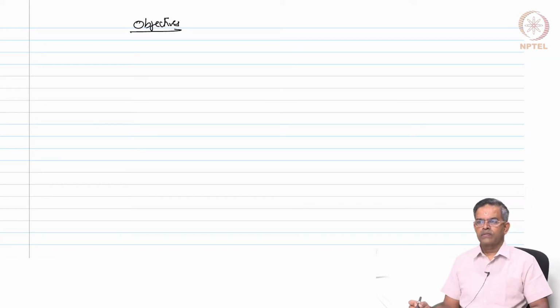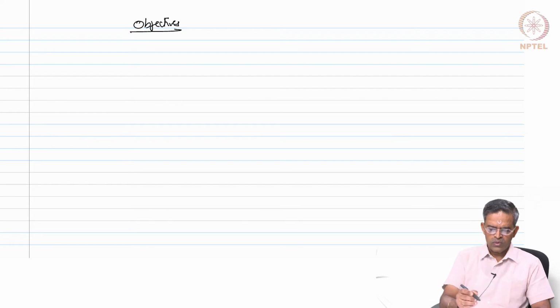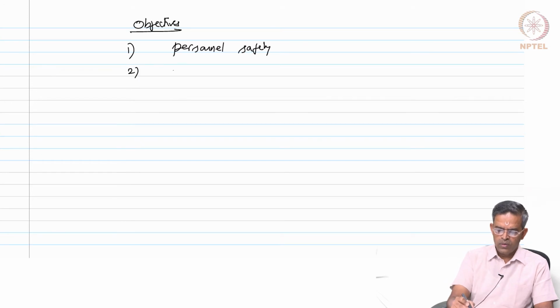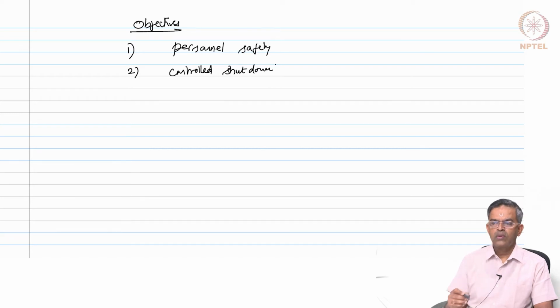What are the objectives? The primary objectives of providing blast resistant design for buildings are as follows. 1. Personal safety. 2. One can initiate what is called controlled shutdown. 3.